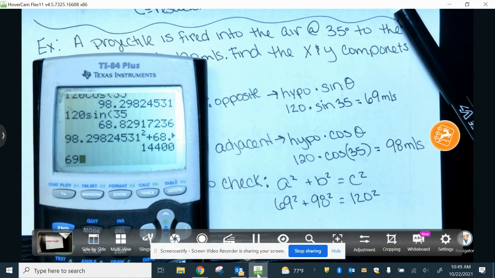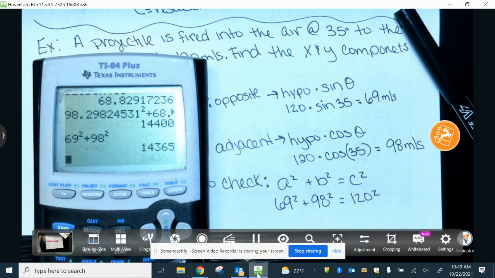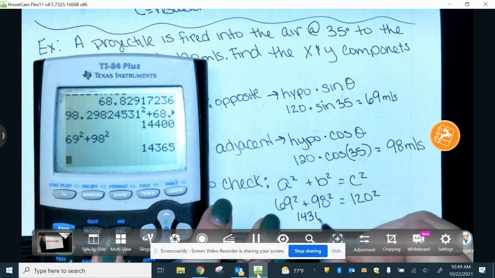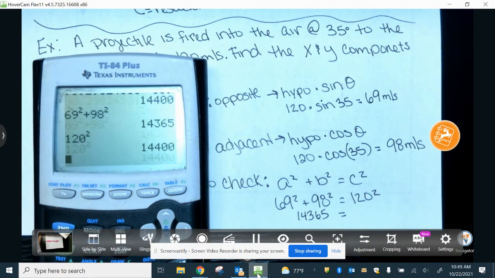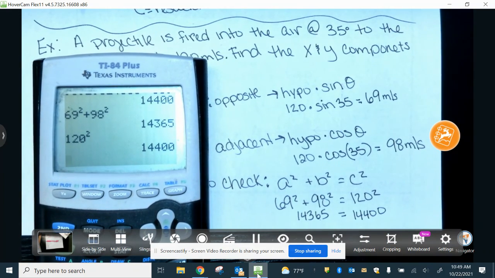So when I do 69 squared plus 98 squared, I get 14365. And 120 squared is 14400. Those don't equal one another. Obviously, we're wrong? Not exactly. Remember, we've been rounding.